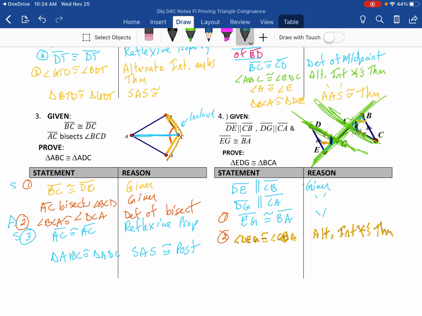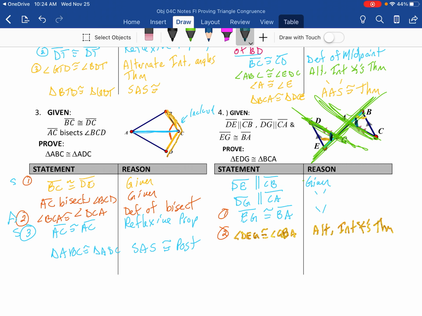Well, these are both inside the triangles. That's the only thing they have in common, and they happen to be alternate exterior. And so I also know that angle DGE must be congruent to angle CAB. Okay, and instead of the alternate interior angles theorem, this is going to be the alternate exterior angles theorem. So that's going to be my third thing.